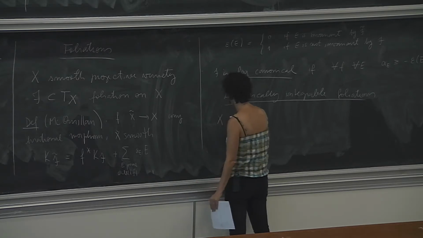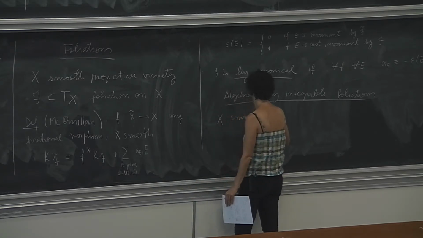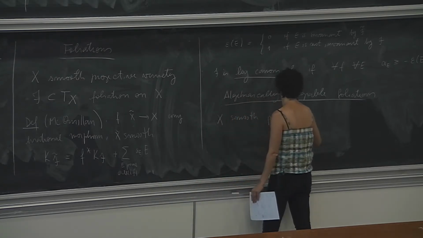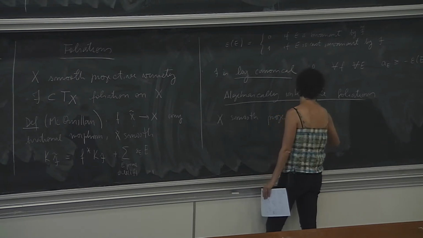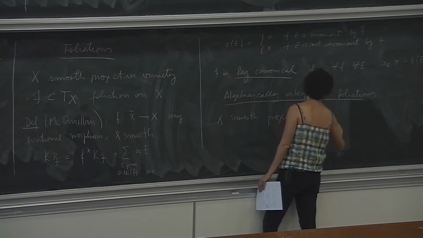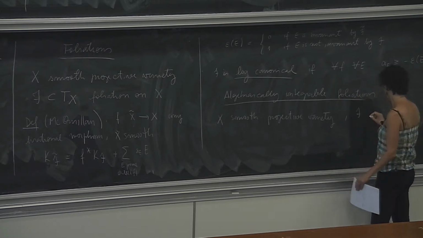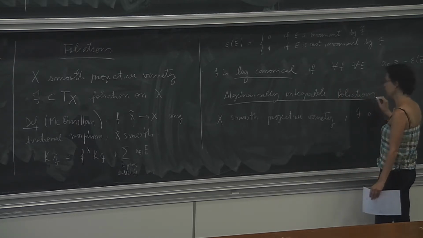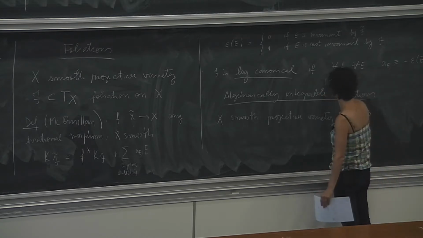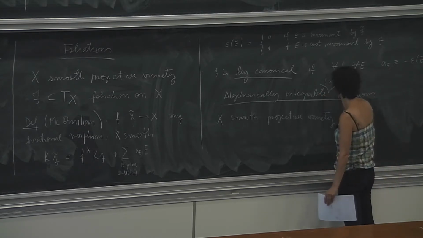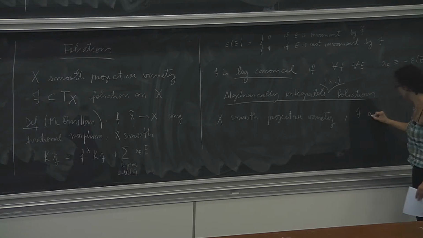Again, X is a smooth projective variety, and F is an algebraically integrable foliation on X, which I will abbreviate by AI.